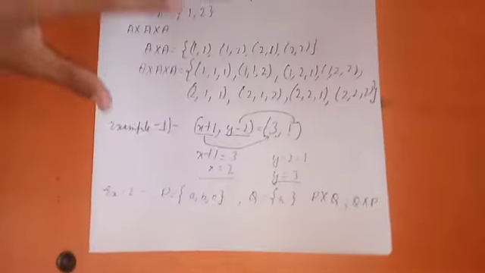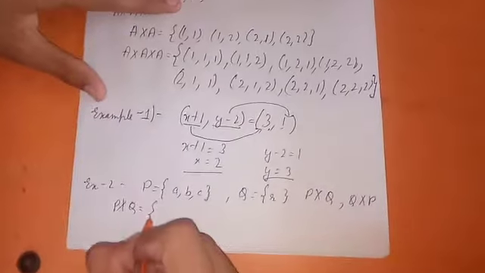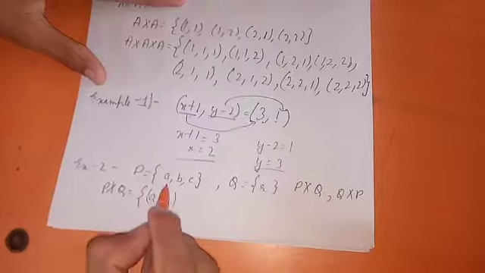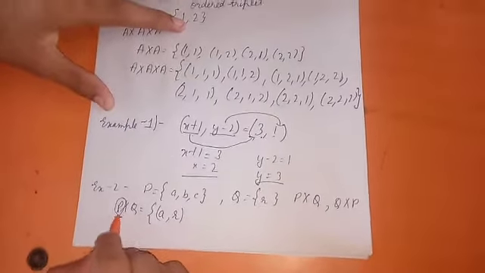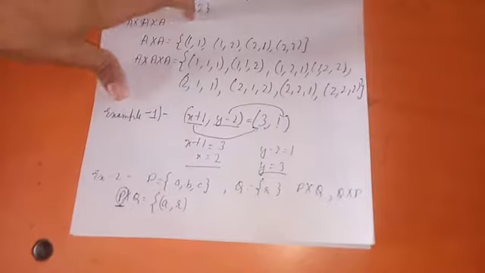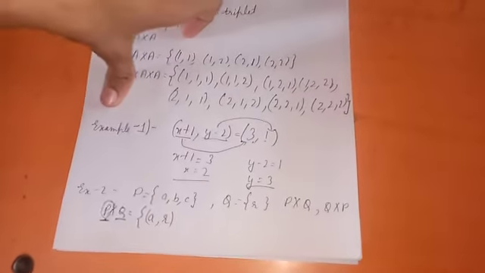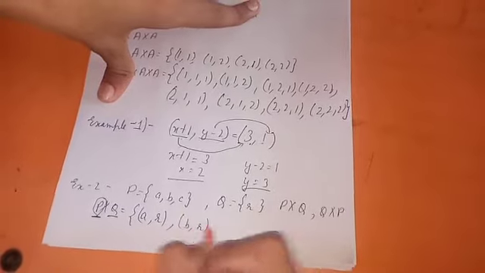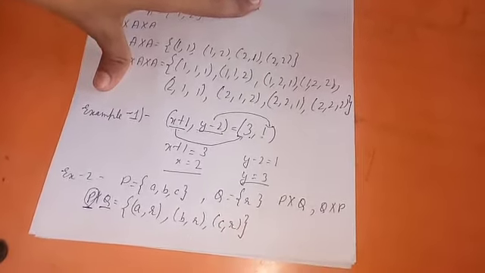So first of all we will find P cross Q. P cross Q will be (a, r), (b, r), (c, r). Always the first element will be of that set which is written earlier. Remember this thing. And the second will be of that which is written later.